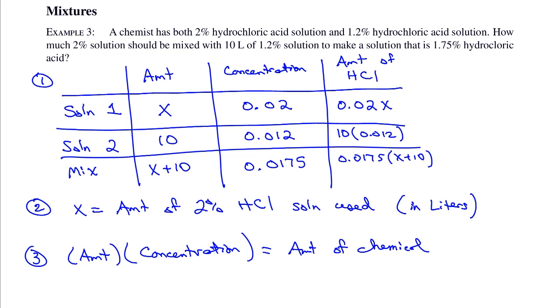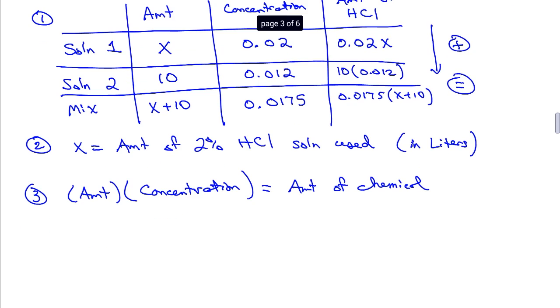And then what we know is that the hydrochloric acid part from the first solution added to the second solution should be equal to the amount in the total mixture. So we're going to add the elements from that last column.